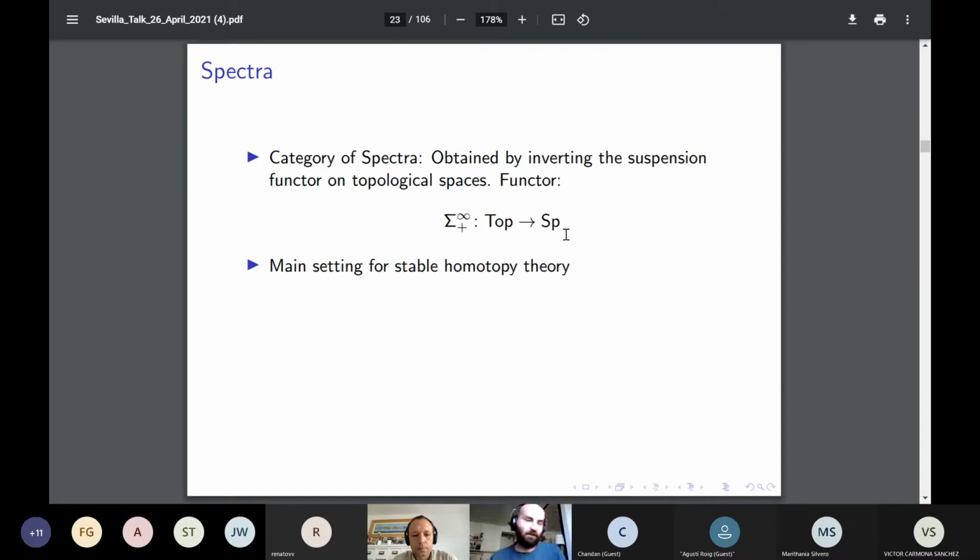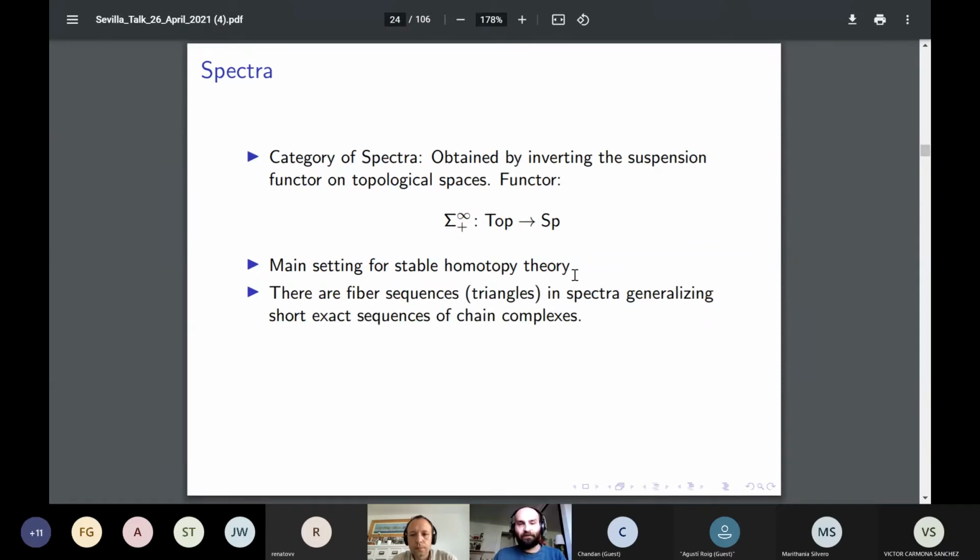One could say that the category of spectra is the main setting for stable homotopy theory, and the objects in this category are the main objects of study in homotopy theory. I guess one way of looking at this is that spectra is a category that captures a lot of the complexity of topological spaces, while being easier to compute, more computable and more algebraic.